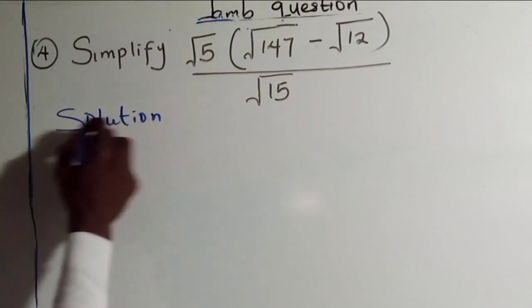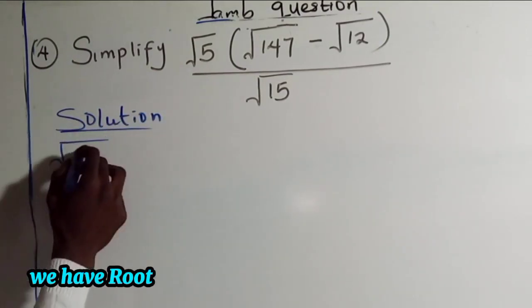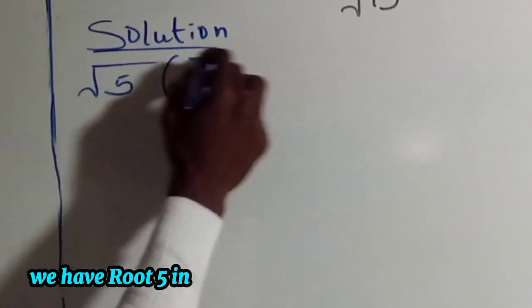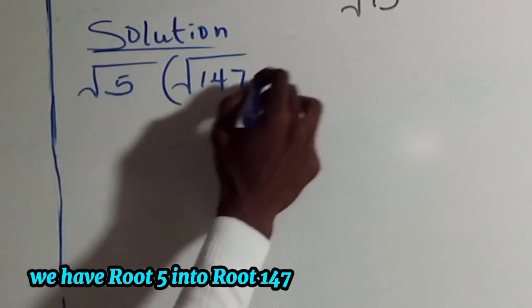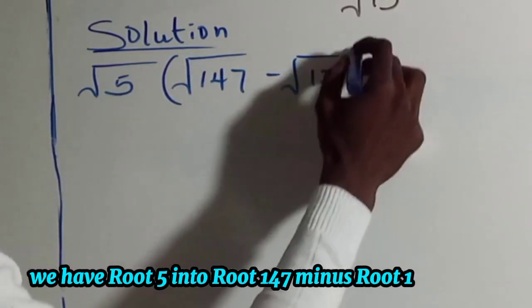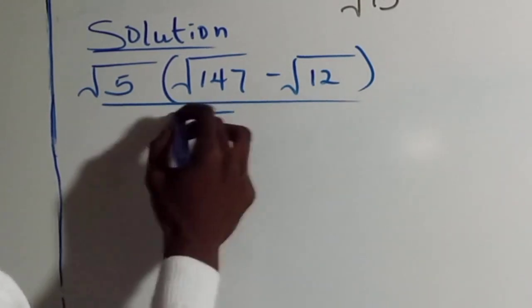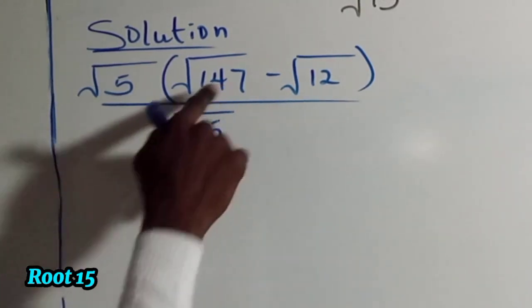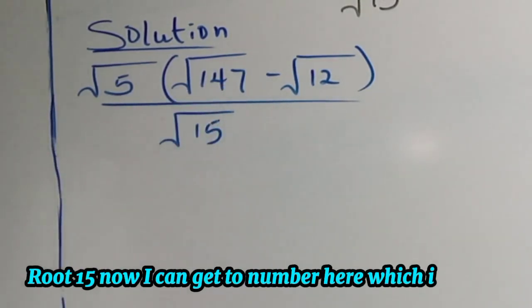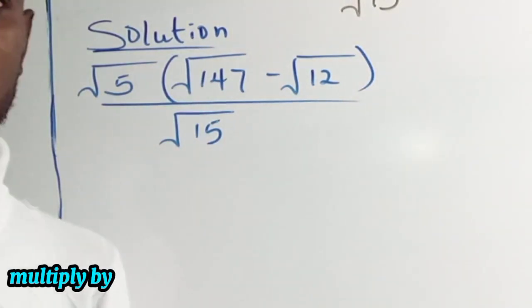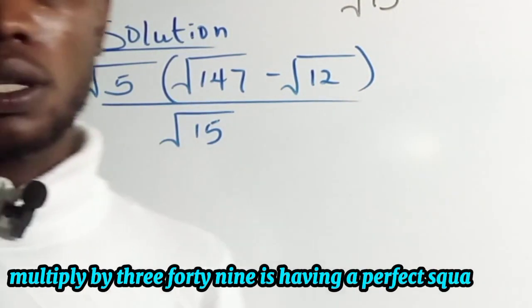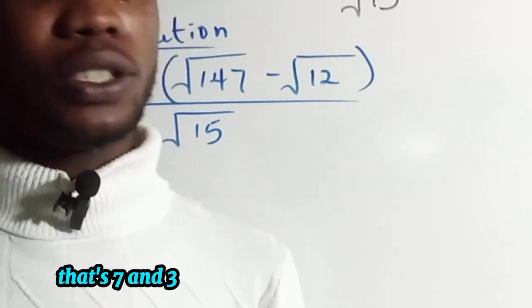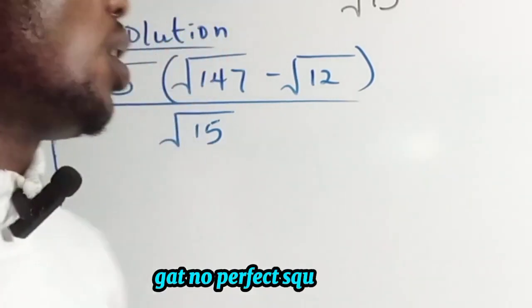Solution, we have root 5 into root 147 minus root 12 over root 15. Now, I can get two numbers here, which is 49 multiplied by 3. 49 is having a perfect square, that's 7, and 3 is not having a perfect square.